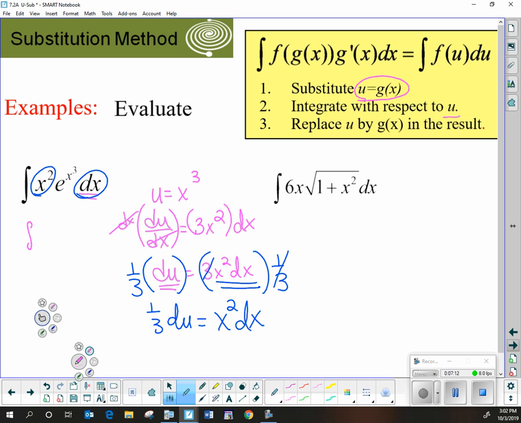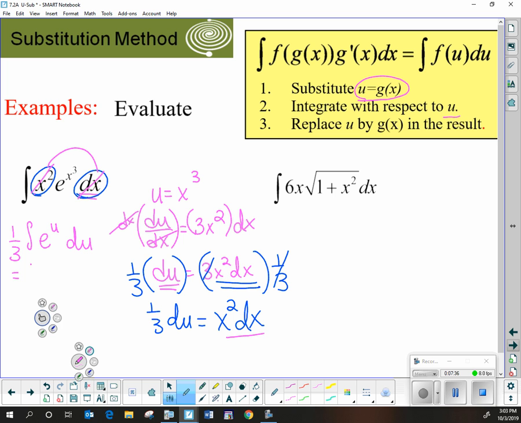So I have the integral. X squared dx is a 1/3 du. So I'm replacing those two pieces with 1/3 du. And then e to the x cubed gets replaced with just the u portion.